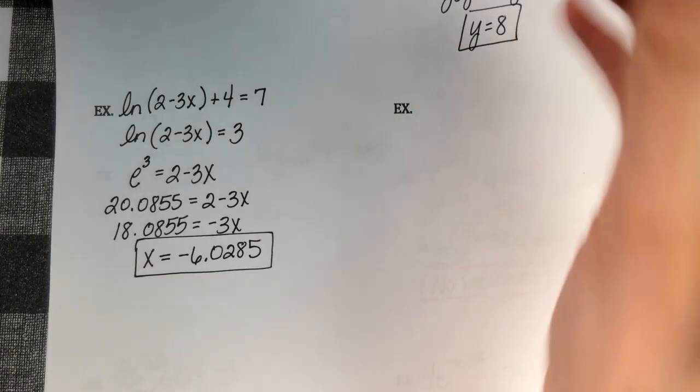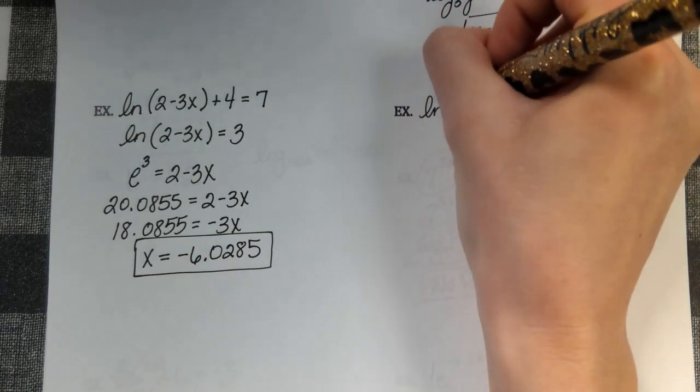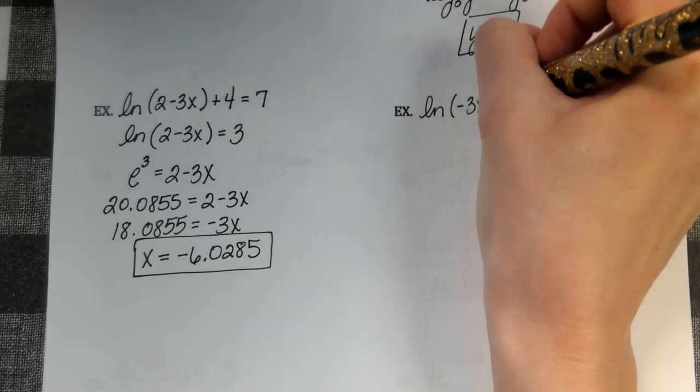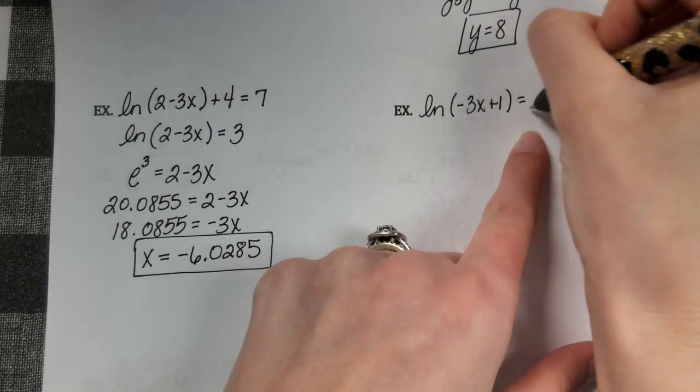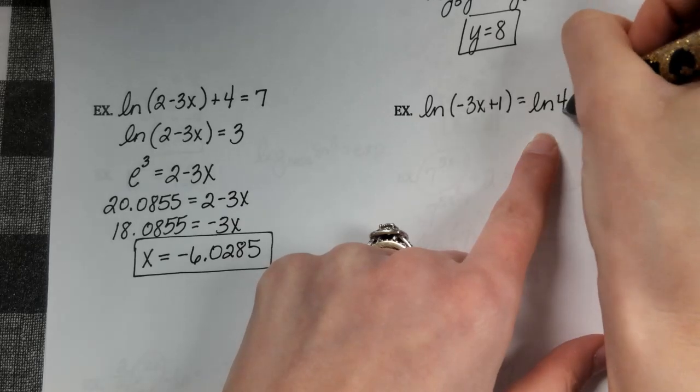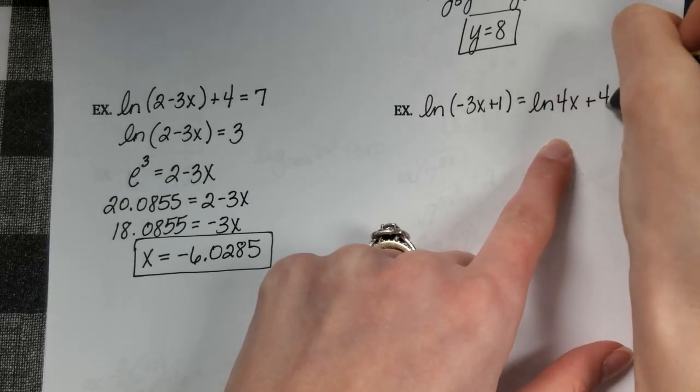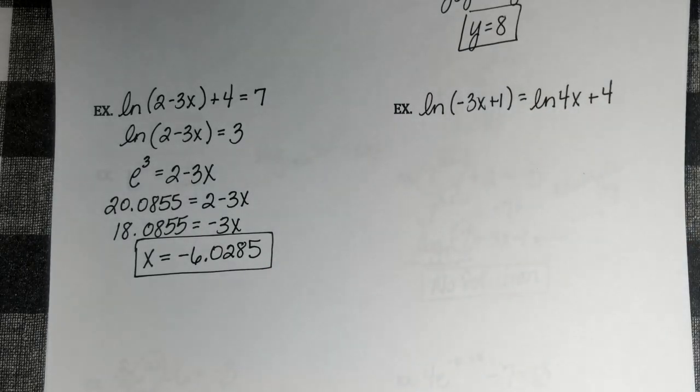Okay, so we have natural log of negative 3x plus 1 in parentheses equals natural log of 4x plus 4. I want you to very briefly, well, I say briefly, quickly, talk with the person next to you or near you if you're by yourself.